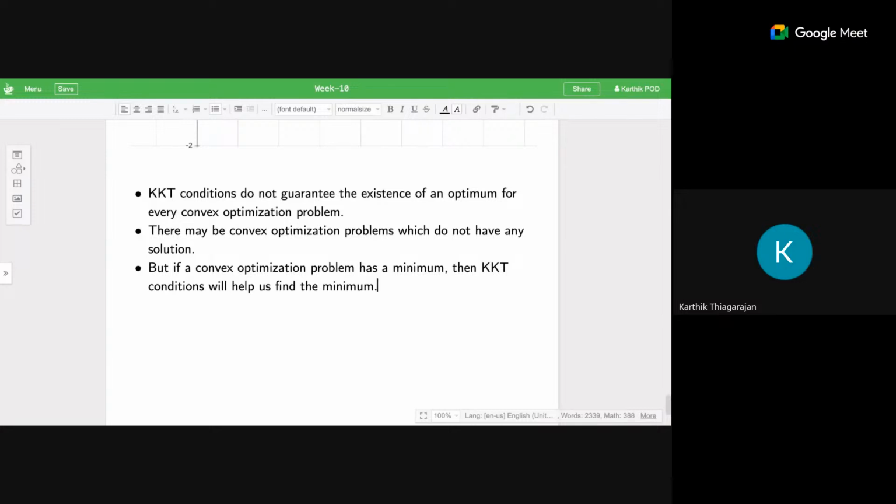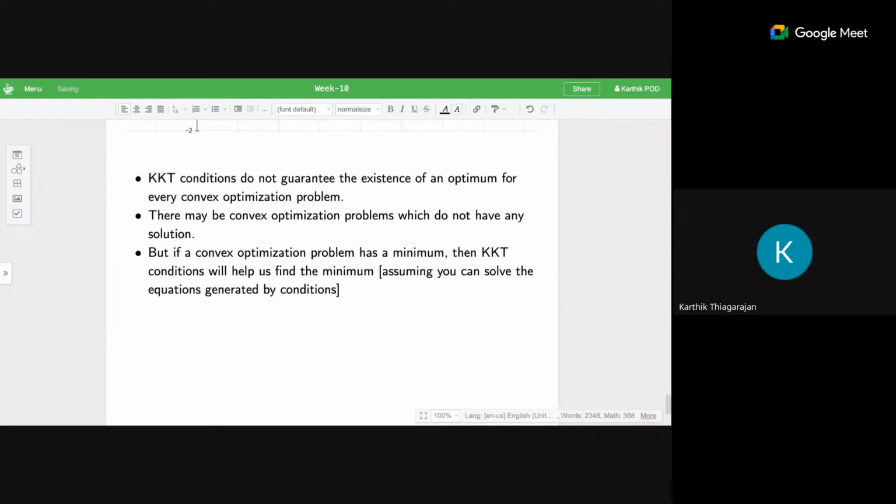Of course, all this is with a warning, assuming you can solve the equations generated by the conditions. Okay, you have to be careful. It is not necessary that the equations that you end up with are always in a nice closed form.